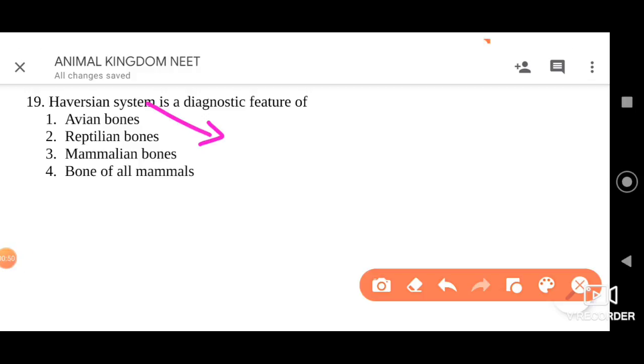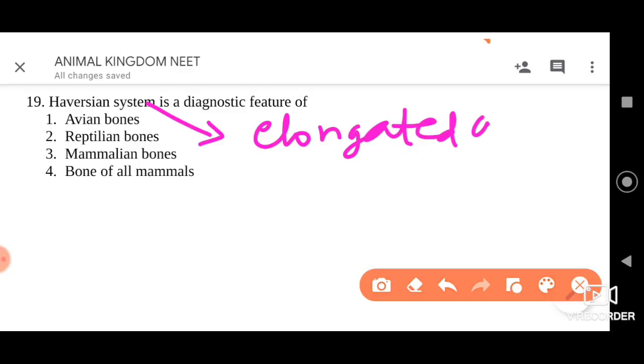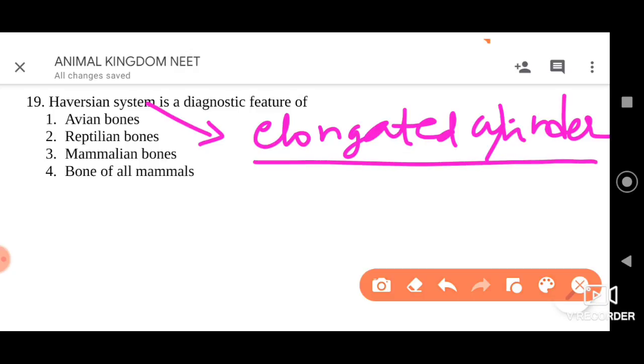Now we are talking about each Haversian system. This each Haversian system has an elongated cylinder-like long axis. It forms an elongated cylinder oriented parallel to the long axis of the bone. Dear friends, let me tell you that in the Haversian system we can find a central Haversian canal.